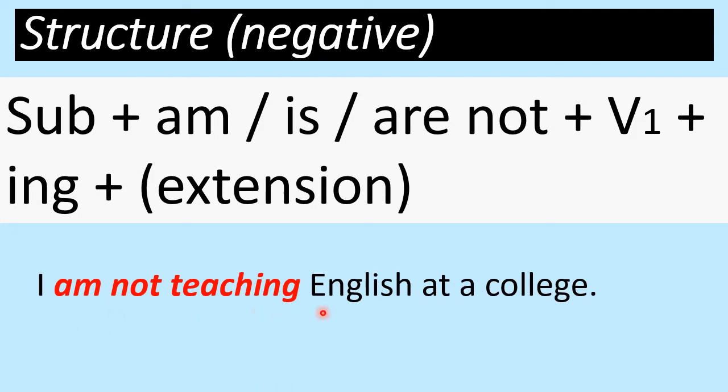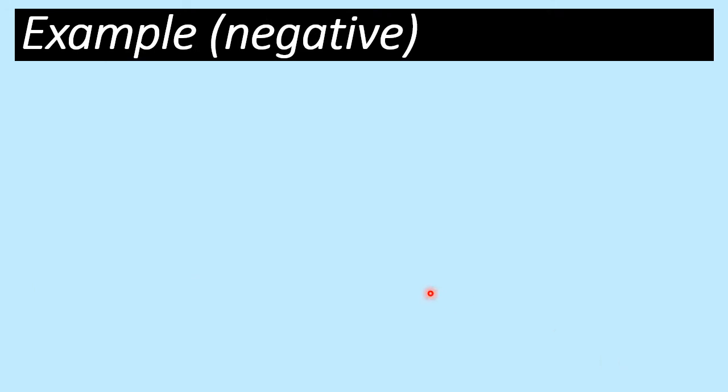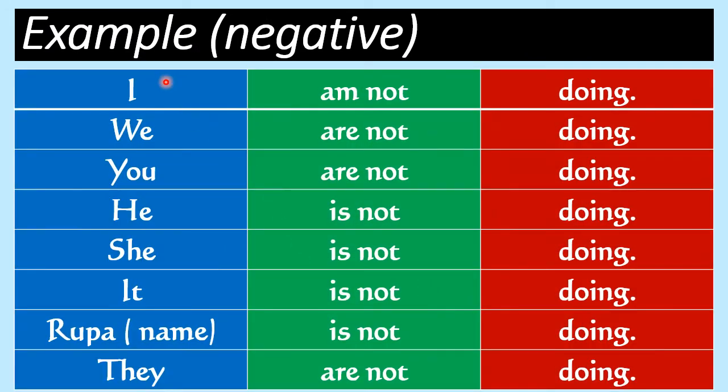I am not teaching English at a college. The boys are not playing cricket now. Examples here, there is also another table with subject plus auxiliary verb plus the main verb with ing forms.